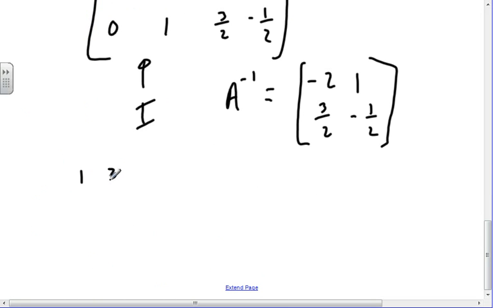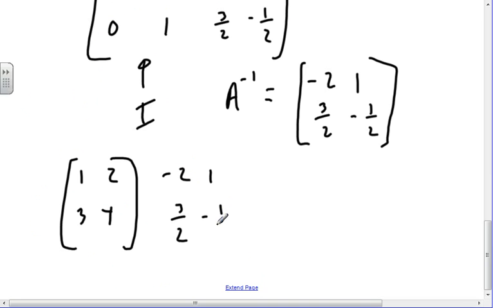Is 1, 2, 3, 4 times minus 2, 1, 3 over 2, minus a half the identity matrix? First row, first column, I've got minus 2 plus 3, or 1.